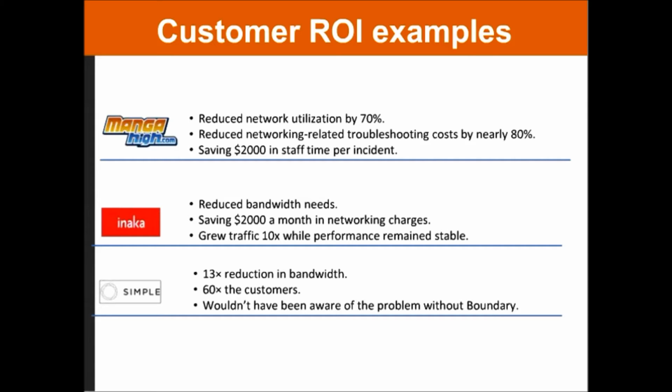This isn't going to come as a surprise to anyone, but throwing more hardware and subsequently more cash at problems generally isn't the right solution. With Boundary, you're able to get this new type of insight, which shows you exactly where traffic is going to, where it's coming from, and so on.